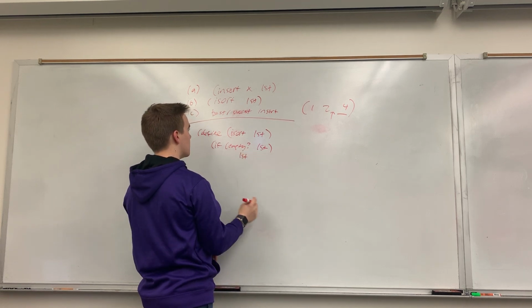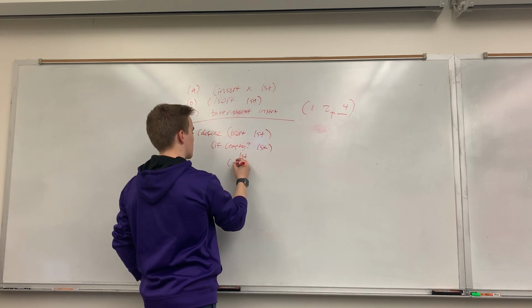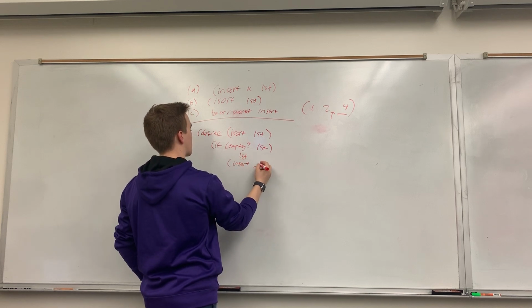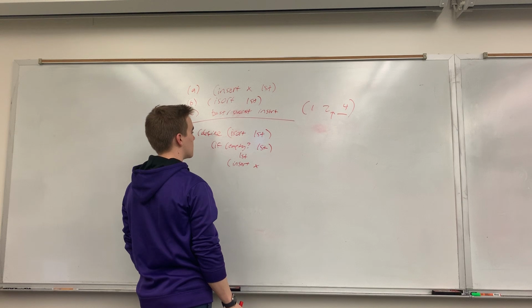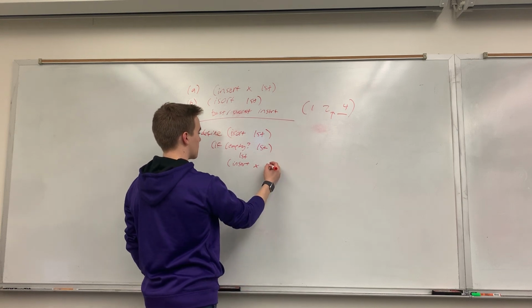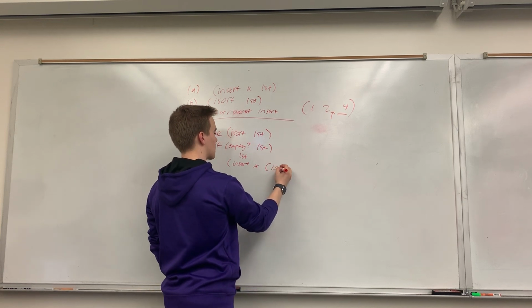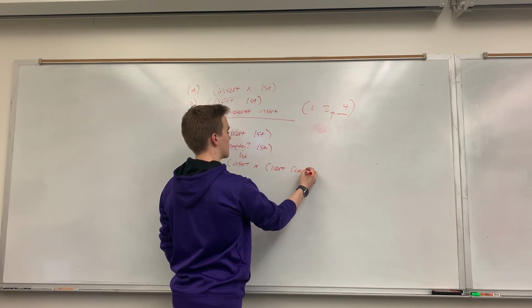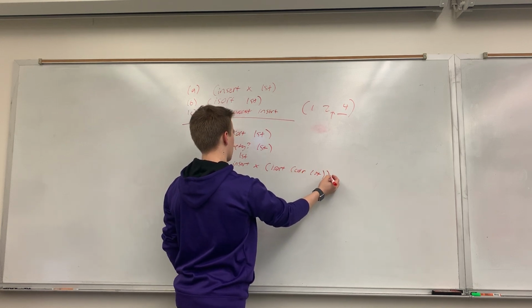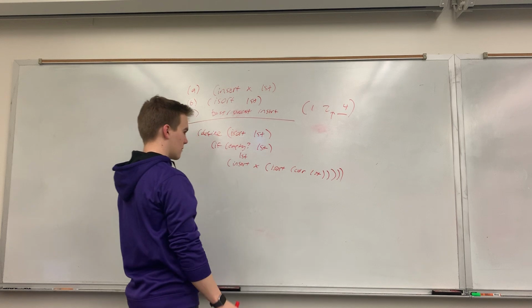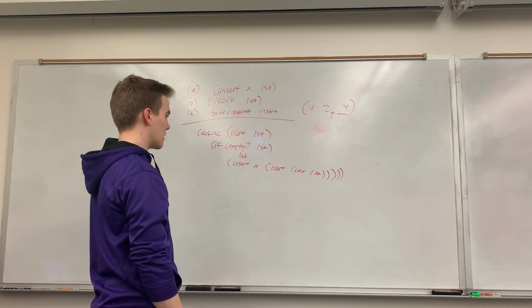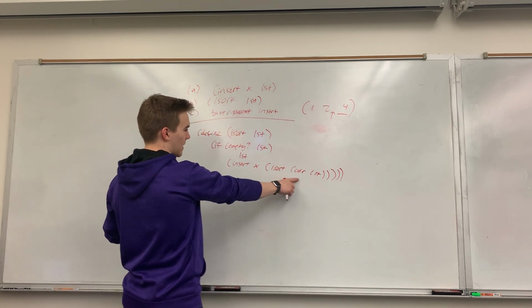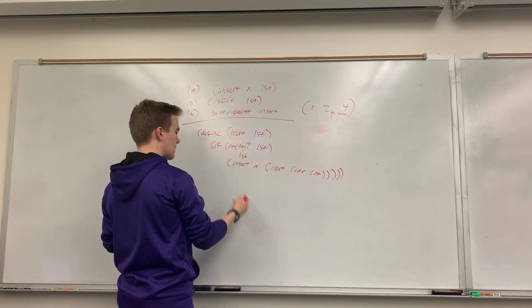If it's not empty, then I'm going to return insert X into isort cdr LST. So this way, it will start by cdring until it gets to the very end of the list, right?